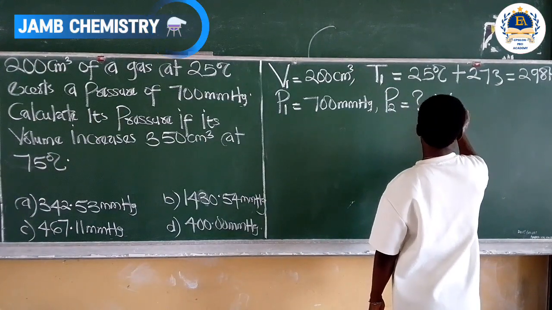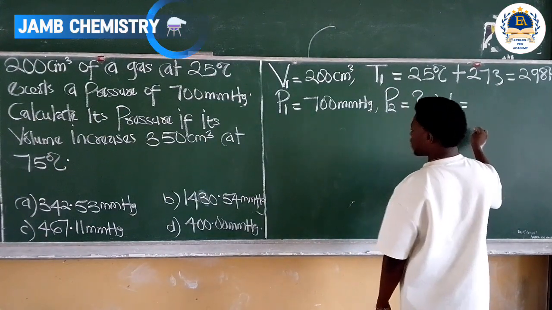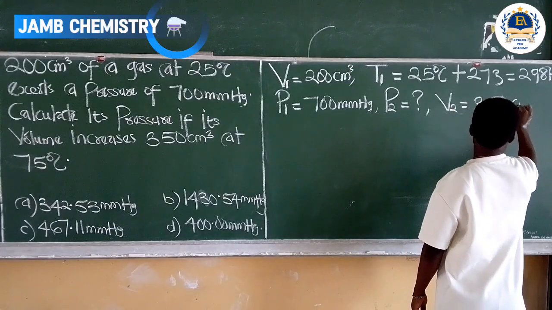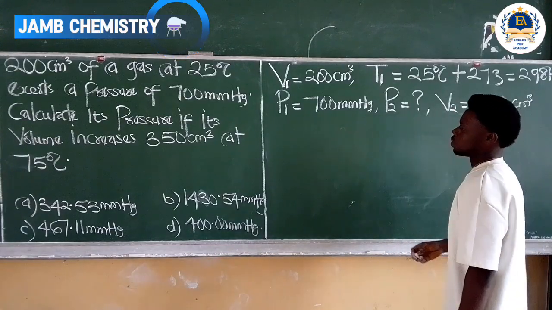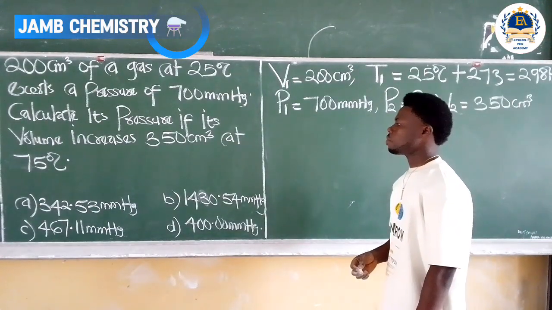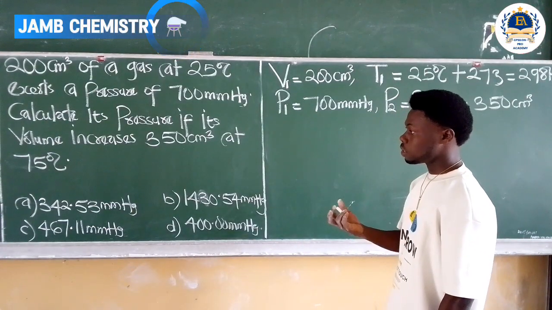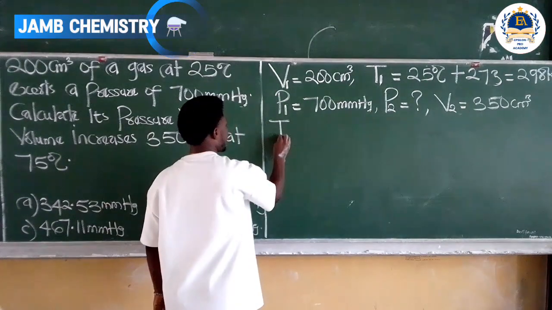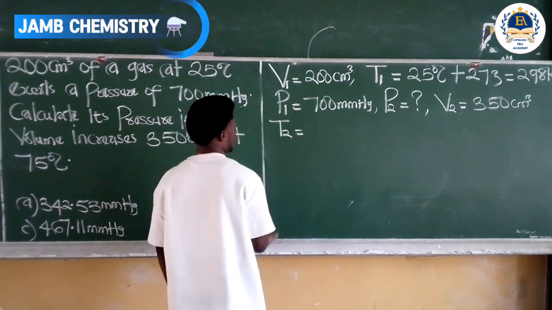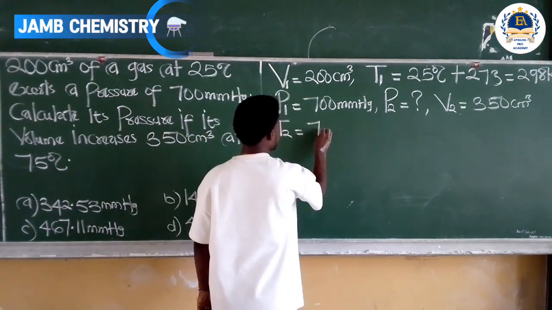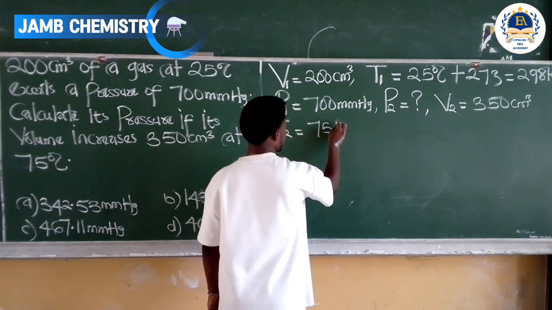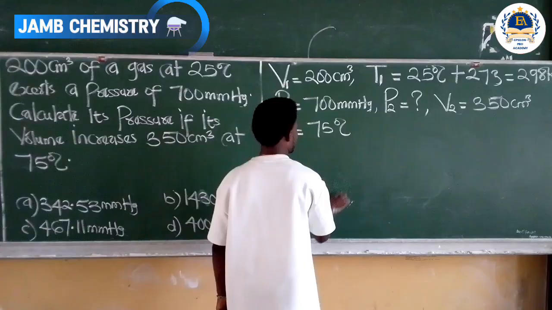V2, the final volume, is given as 350 centimeters cube at 75 degrees Celsius. So the final temperature T2 is equal to 75 degrees Celsius.